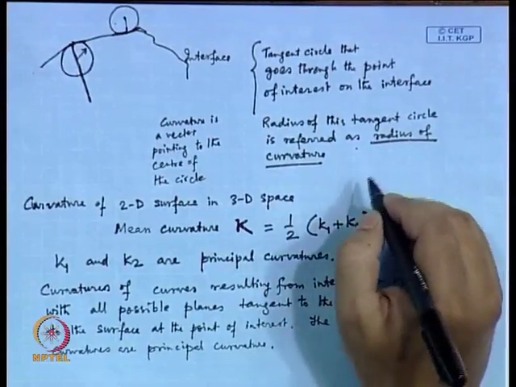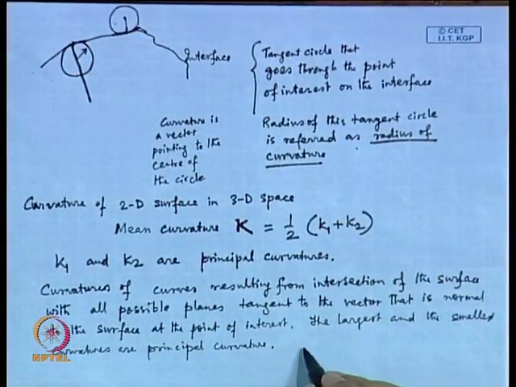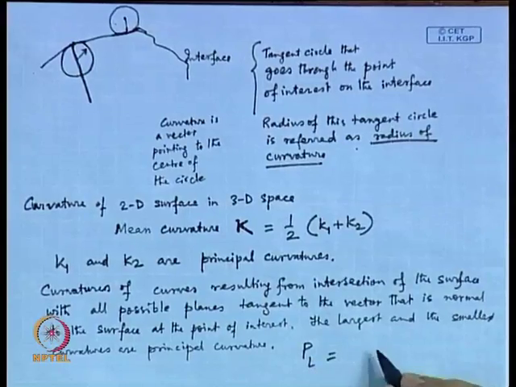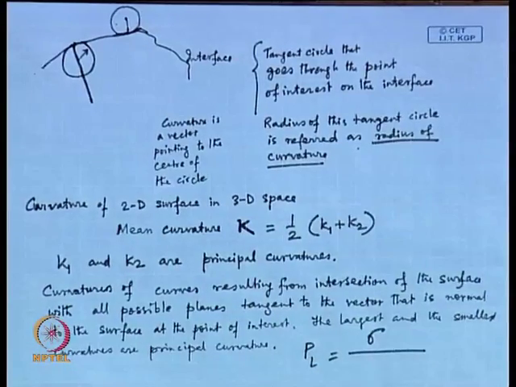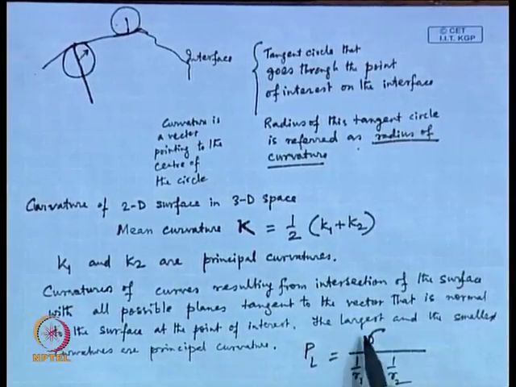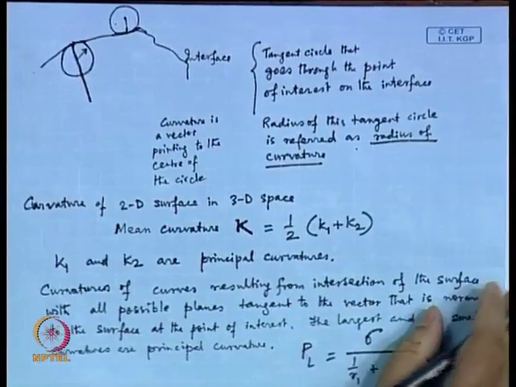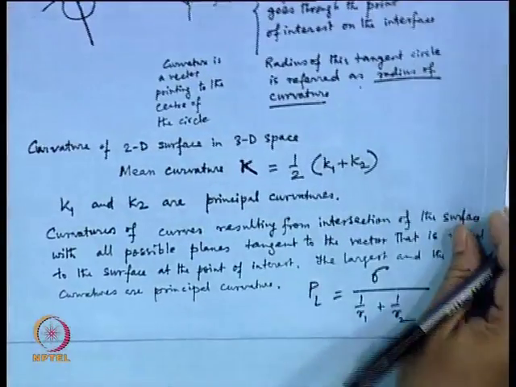Now, you need to understand there are two terms we are toying with. One is the curvature, another is the radius of curvature, and one is the reciprocal of the other. So, if we want to write what is PL in this case, we would be writing PL as sigma divided by 1 by R1 plus 1 by R2. What did we have for the sphere?